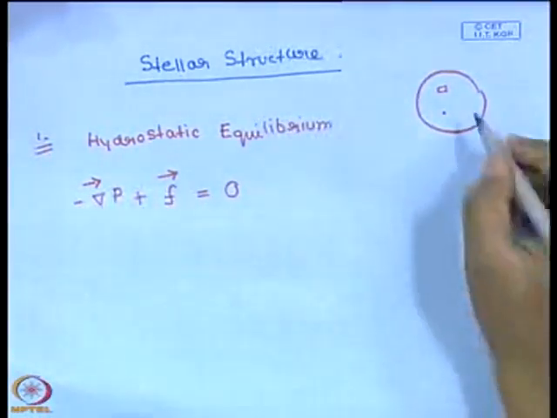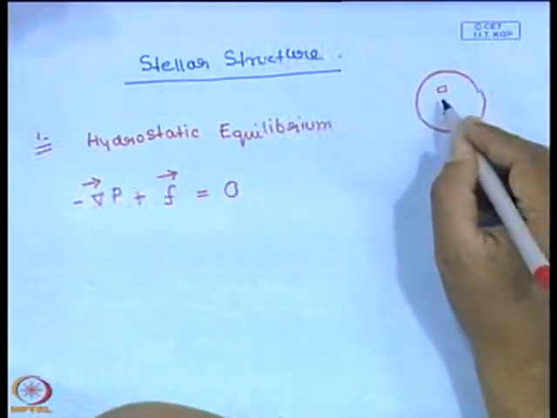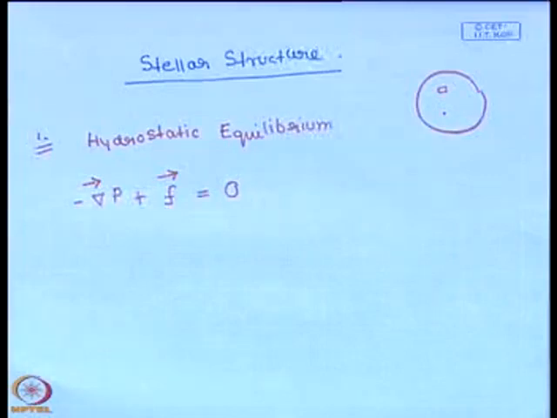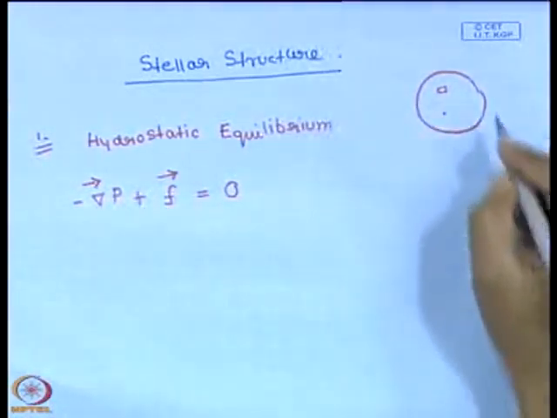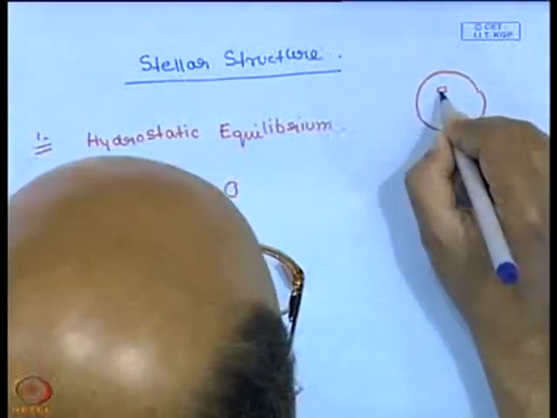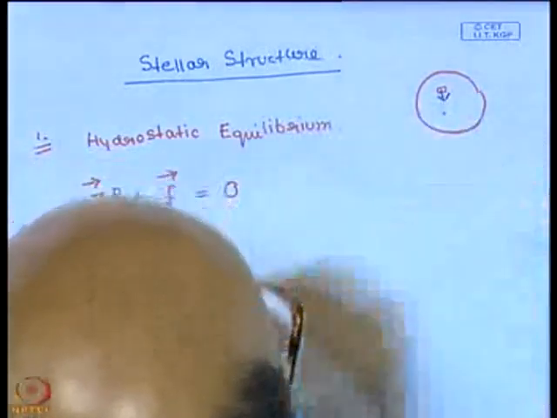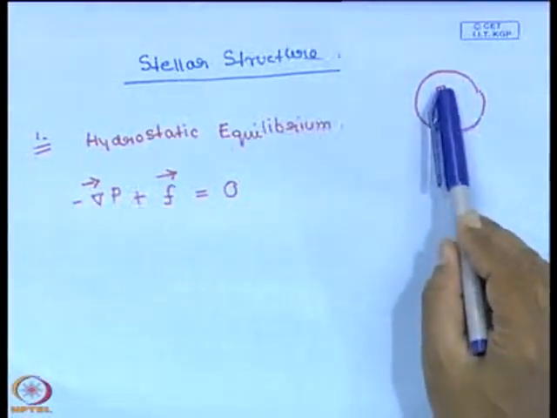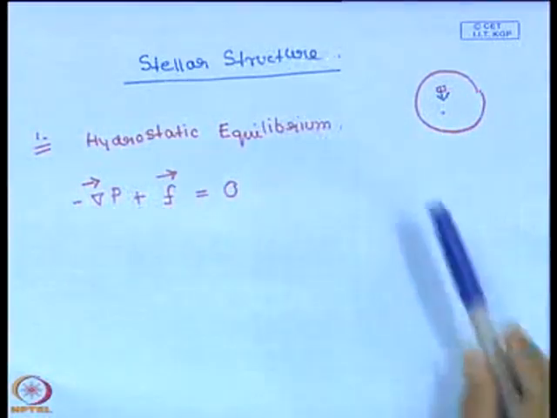Okay. So, here every fluid element is being pulled inwards by gravity. Okay. So, this is spherically symmetric, and every fluid element is being pulled inwards by gravity. The gravitational acceleration acts to pull this fluid element inwards. So, there has to be a pressure gradient.